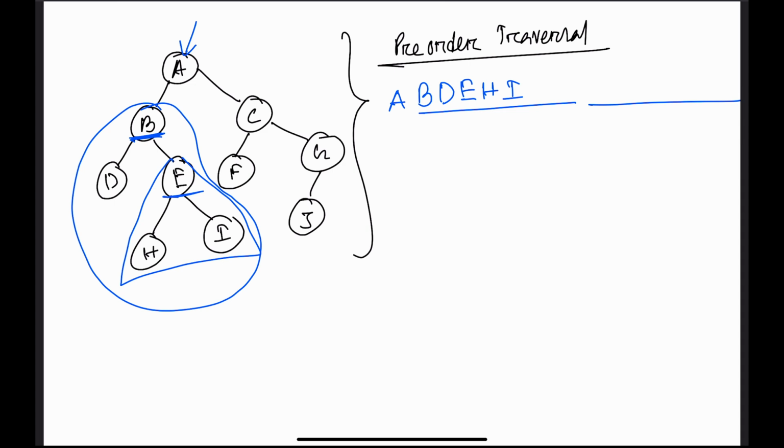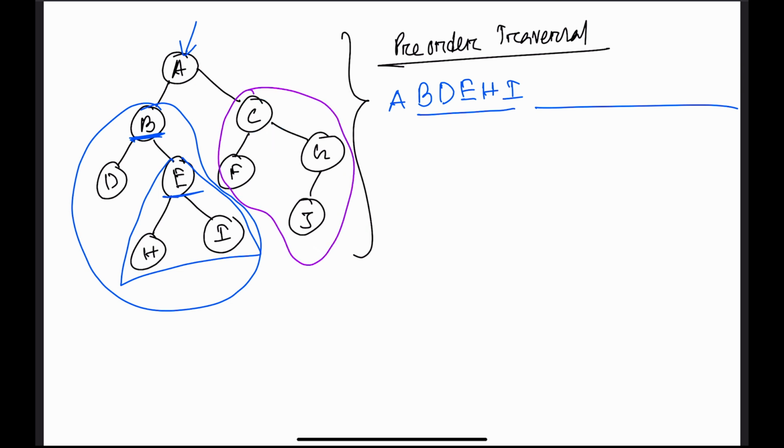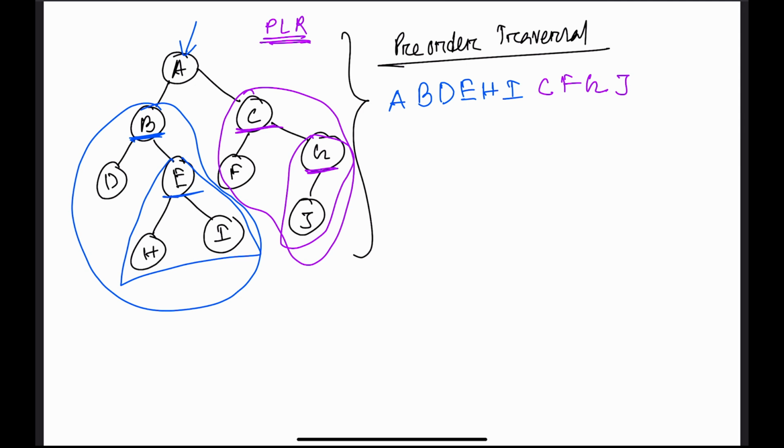Similarly, in the right side, c would be the root of this subtree, that's why c comes first, and then obviously f, because we all know that P, L, and R, this format we are following. Then in this subtree g is the root node, that's why g, and then j. That's it. So in this way we can print the pre-order traversal.